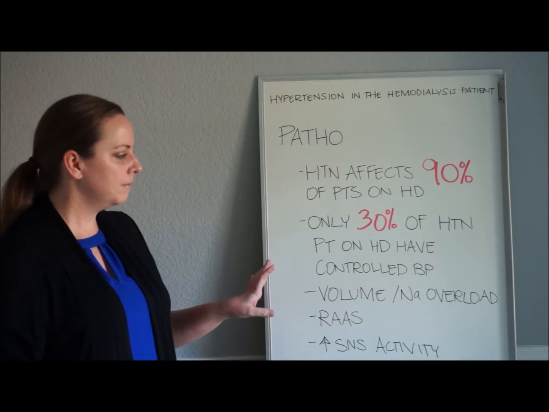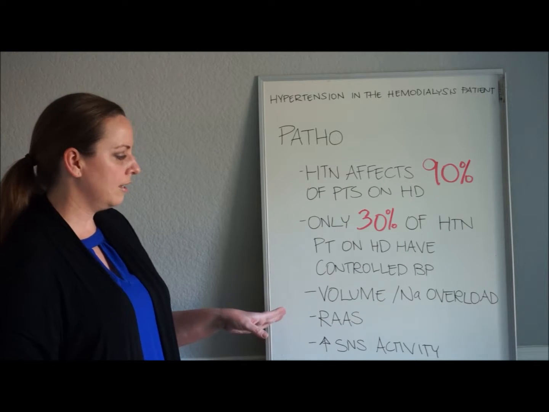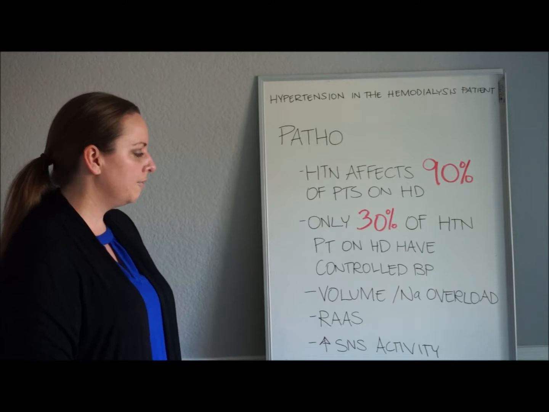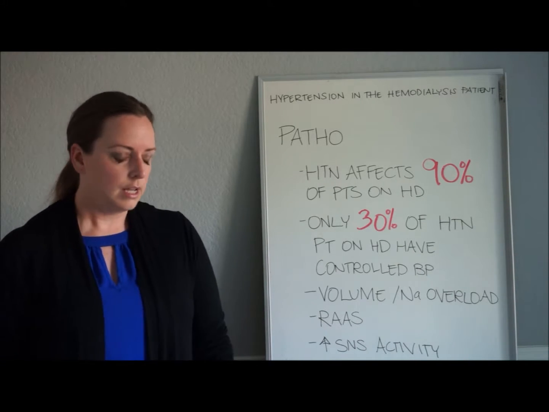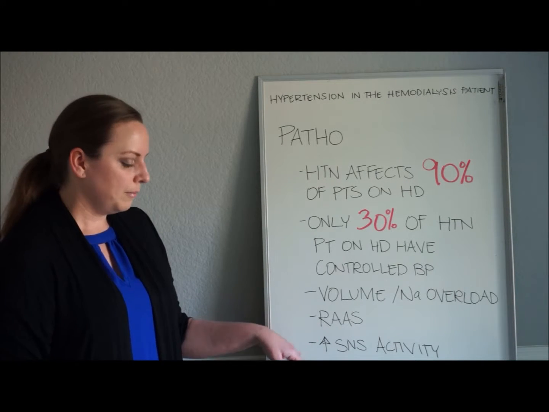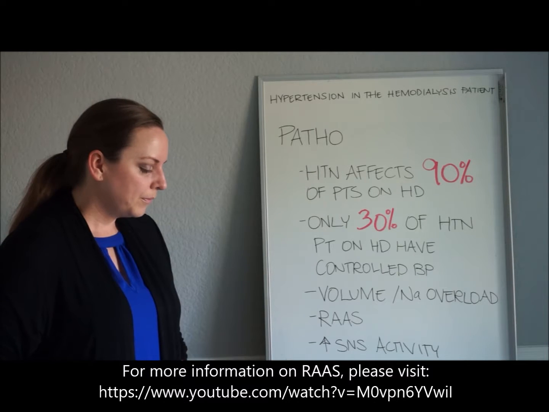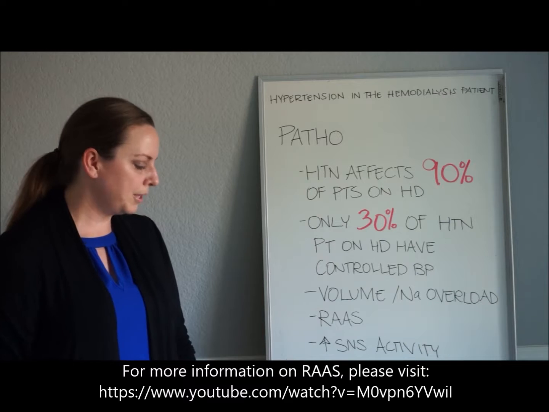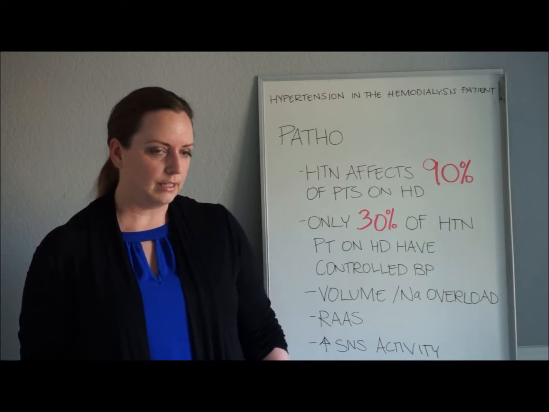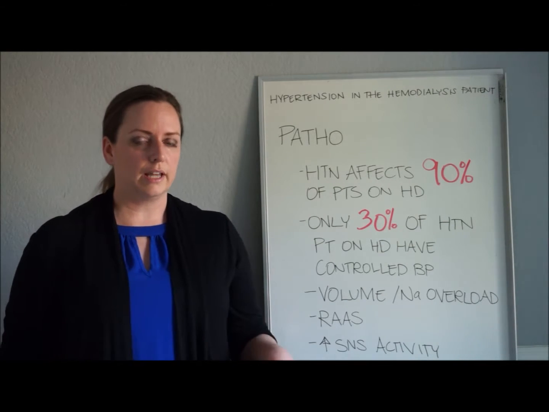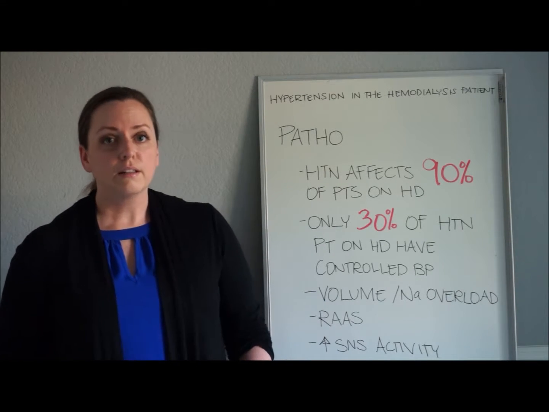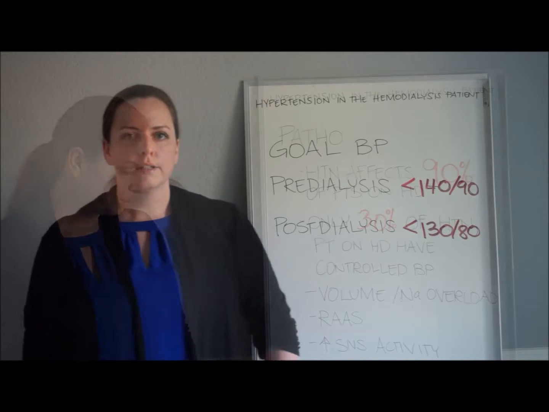Some of the factors that lead to hypertension in the hemodialysis patient are volume and sodium overload, the RAS system, the renin-angiotensin-aldosterone system, and increased sympathetic nervous system activity. A lot of these factors work together or separately to increase hypertension in the hemodialysis patient.